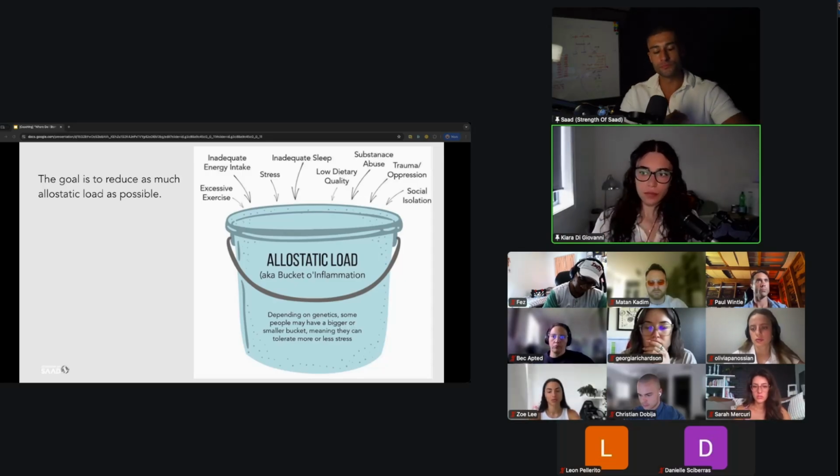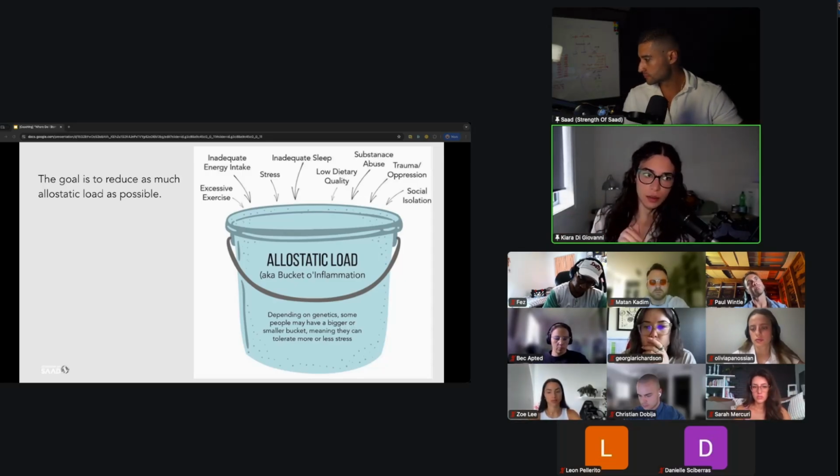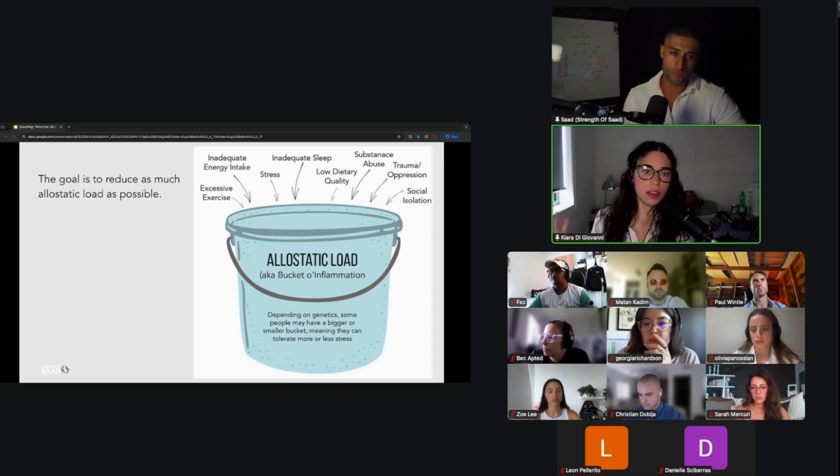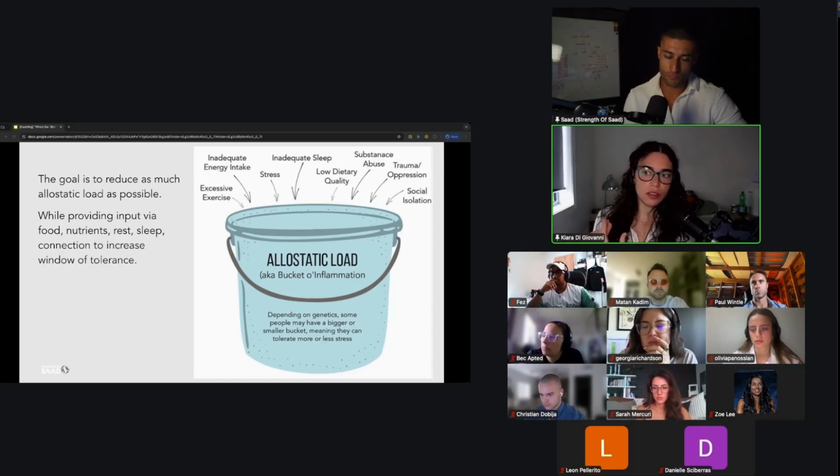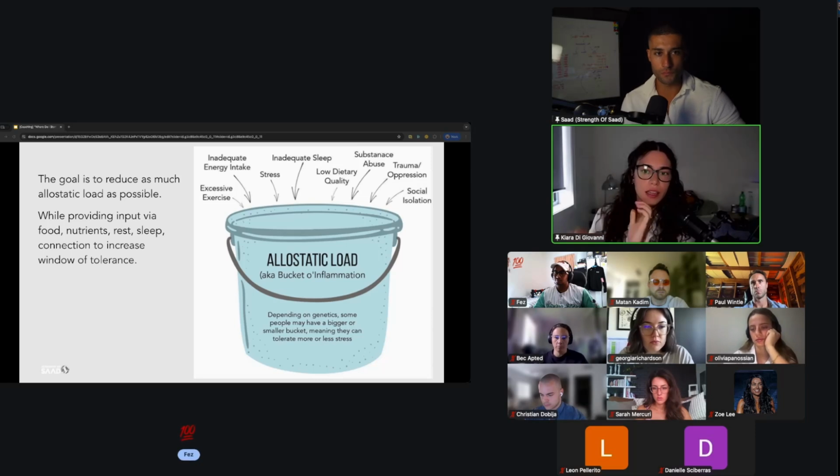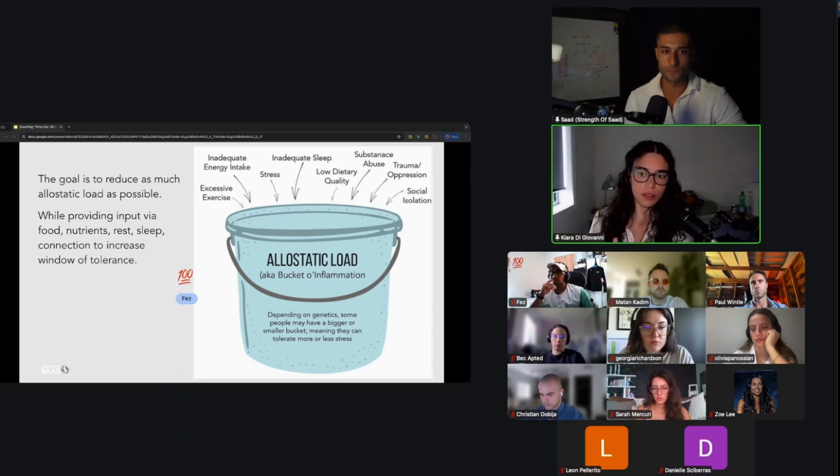So eventually, with enough things going in, that bucket's going to overflow, and then you're going to start seeing physical manifestations of that stress. So the goal here is to keep giving positive things, food, nutrients, rest, sleep, to increase the size of that bucket or increase their window of tolerance.